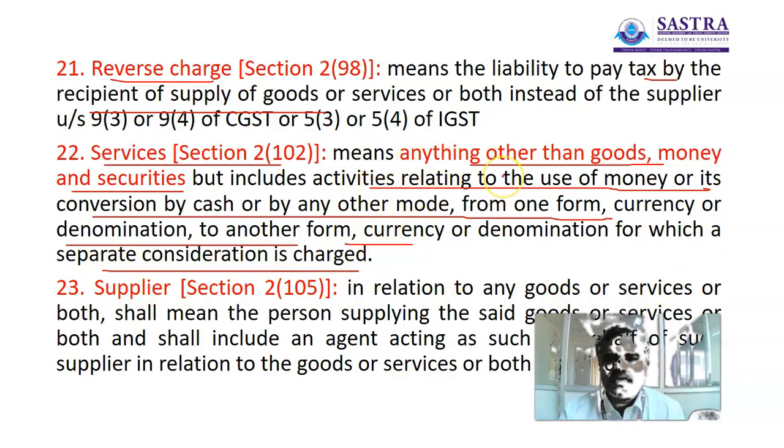First, anything other than goods, money and securities. You are providing services. Here it's not goods. It may be an internet service, a telecommunication service, a hospital, a school, or any recreation. This is called service, other than goods, money and securities.